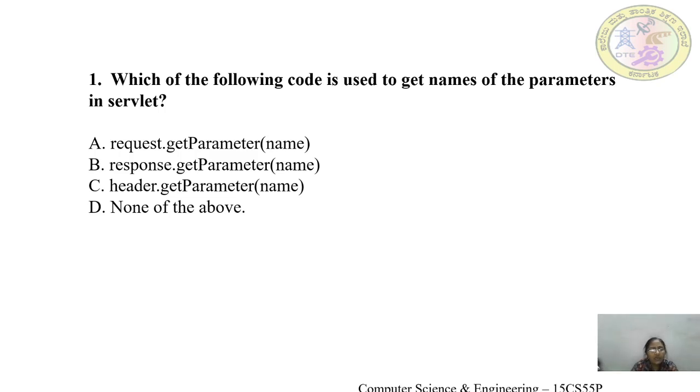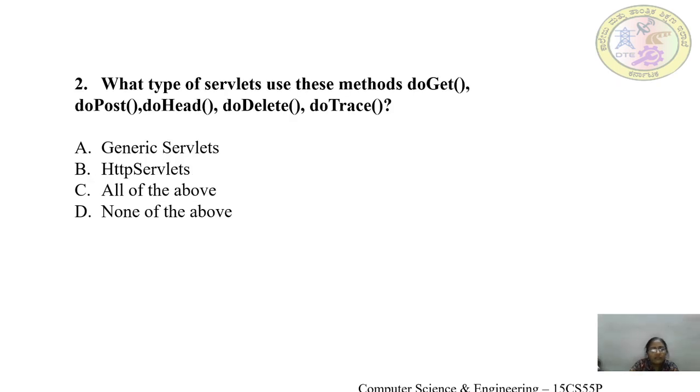Third one, header.getParameter(name). And fourth one, none of the above. The right answer for this one is A. That is, by calling the request.getParameter(name) method, we can get the parameters in servlet.